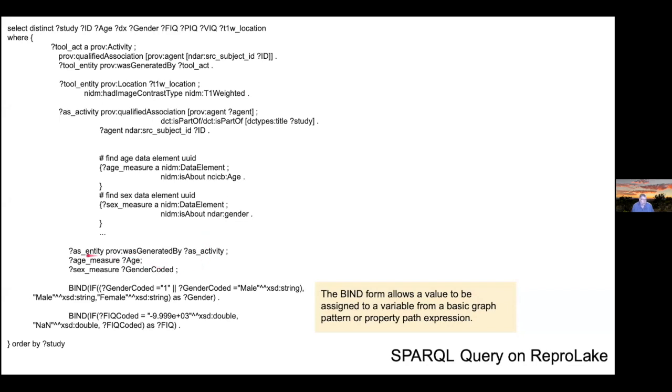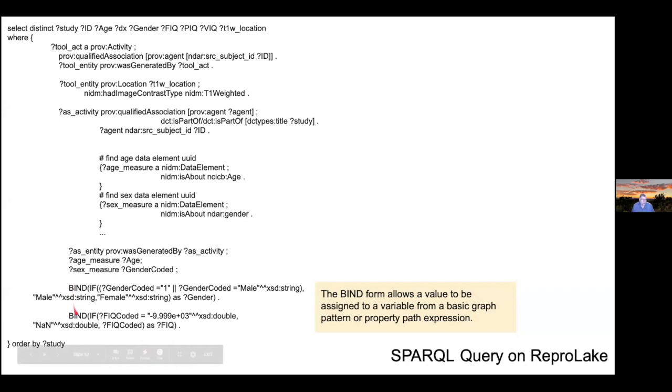And then we say, for example, that this age measure should be age. This sex measure actually gets coded. So there are a couple of other things one can do in SPARQL. So here is an example of if you have different coding. So let's say you had coded male and female differently in different data sets.